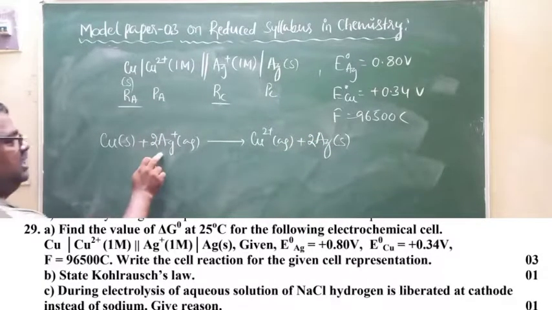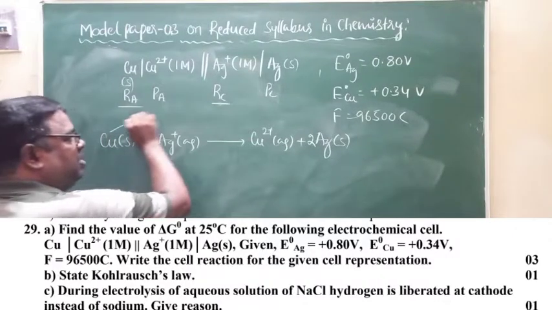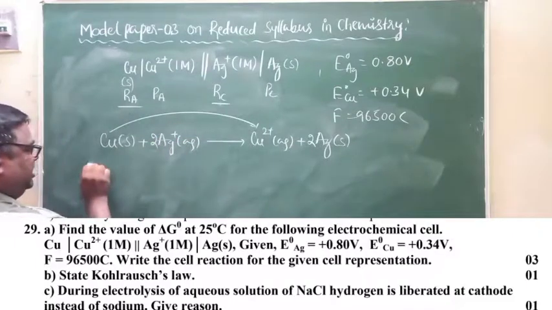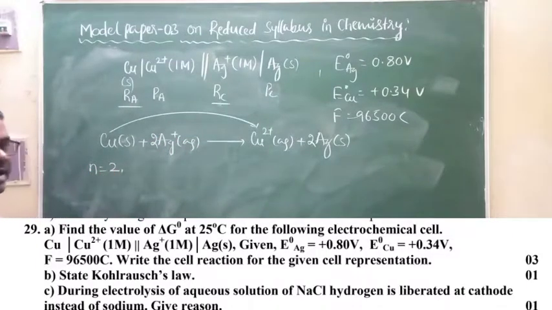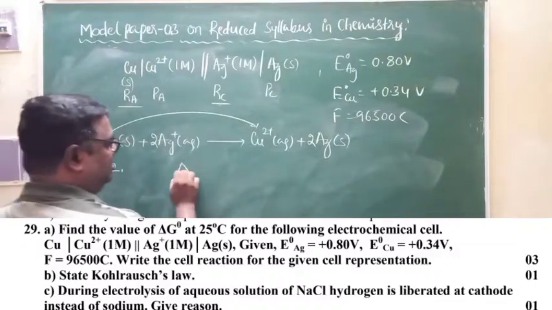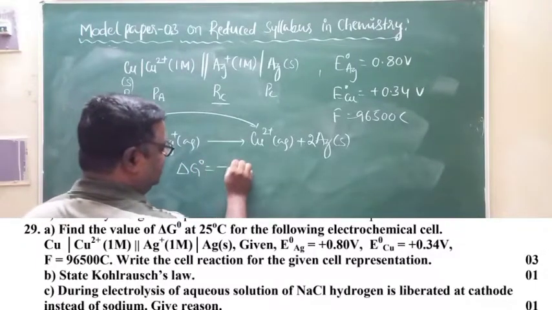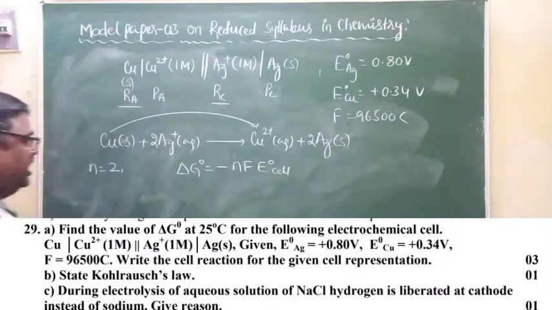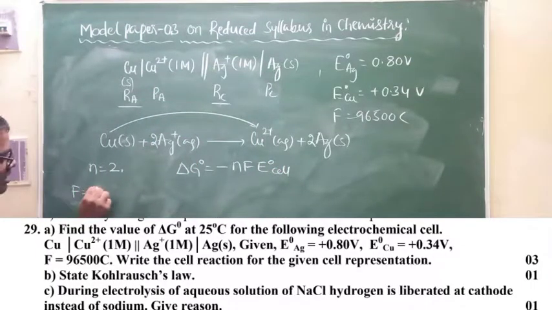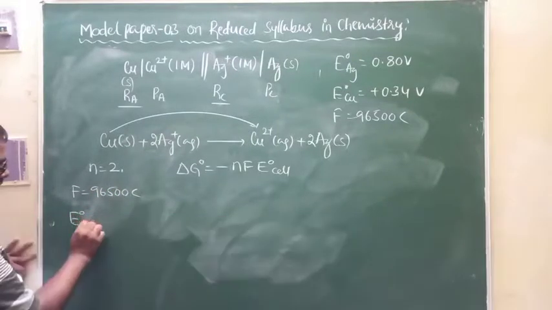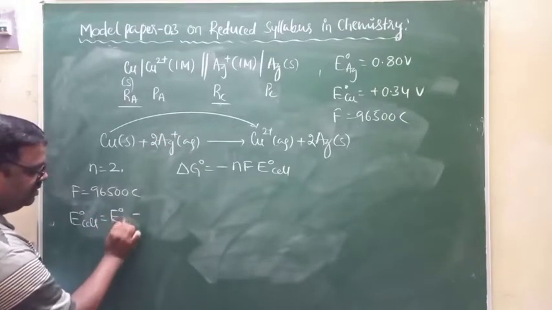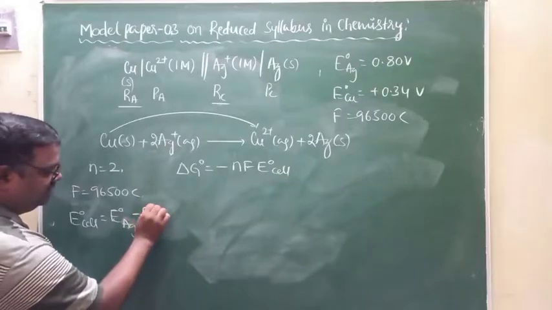On the basis of this cell reaction, one atom of copper loses 2 electrons, and those 2 electrons will be taken up by 2 Ag+ ions. Therefore, n is equal to 2, because delta G naught is equal to minus nF E naught of cell. F is given as 96,500 coulombs. E naught of cell is equal to E naught of cathode minus E naught of anode.